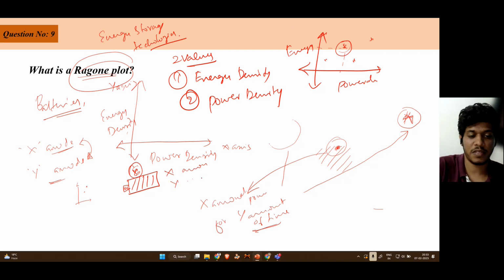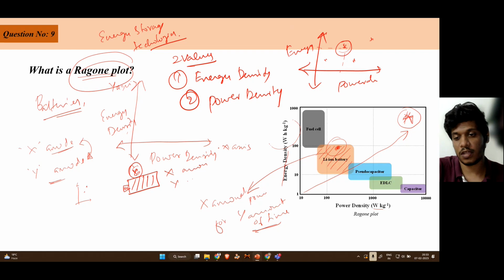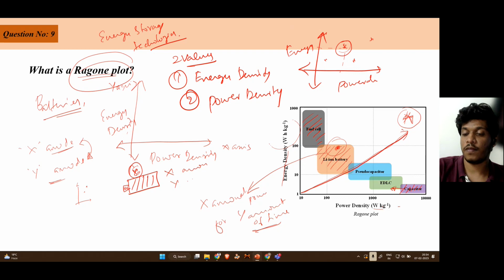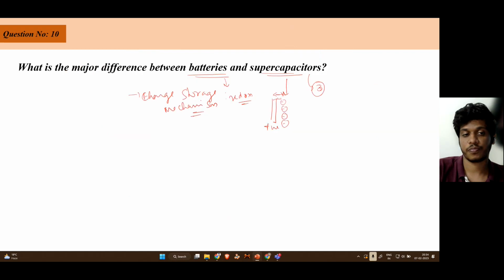Fuel cells have a very high energy density, as you can see, which means they can store very high values of energy, whereas the capacitor has a very high power density, which means it can deliver power very fast. So we need to move in the direction where we can get higher energy densities as well as higher power densities.